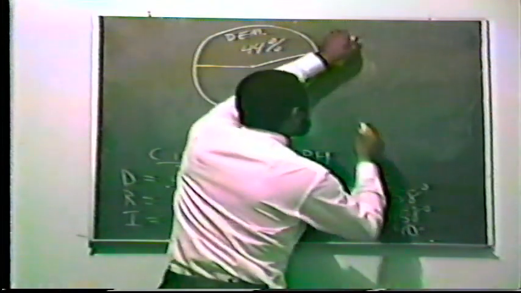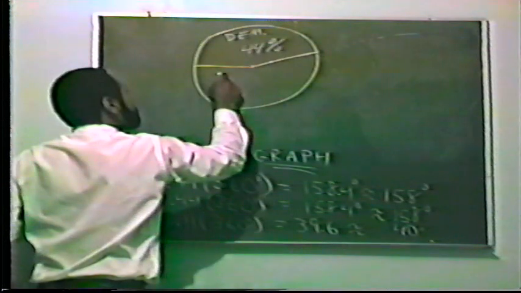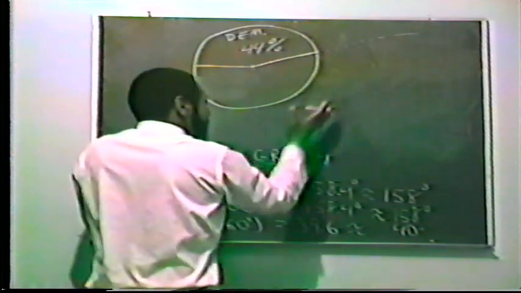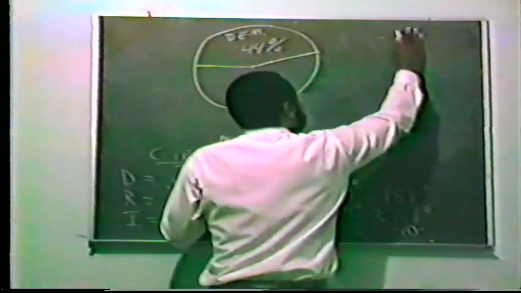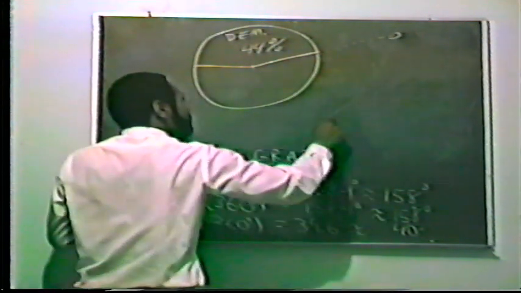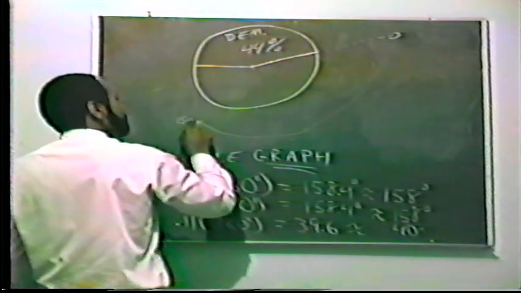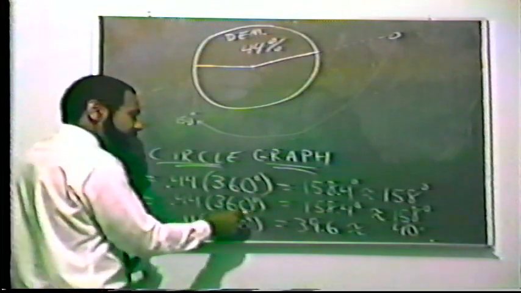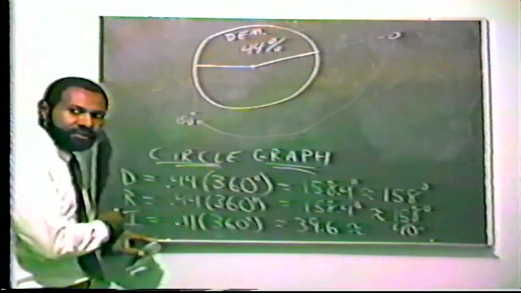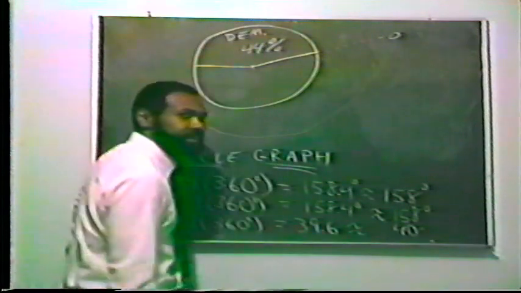We just extend this line here, extend it back in this direction. We put our protractor here, but this time the protractor is upside down. We have the 0 of the protractor here, and we count across around on the protractor until we get to 158 degrees again, because we said that we would allot 44% of 360 for the Republicans, which came out to be 158 degrees.